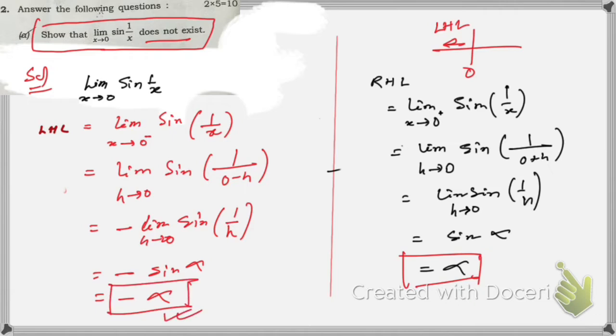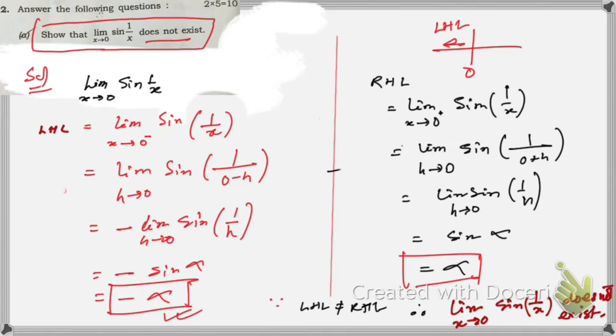So since the right hand limit is not equal to the left hand limit, therefore limit x tends to 0 of sine 1 by x does not exist. So hope you have understood this. Now let's move on to the next question.